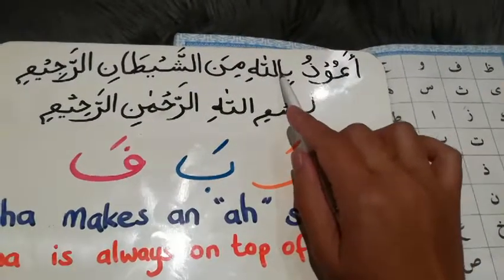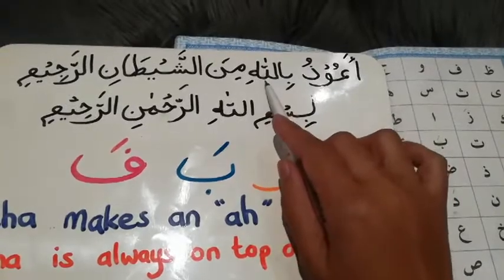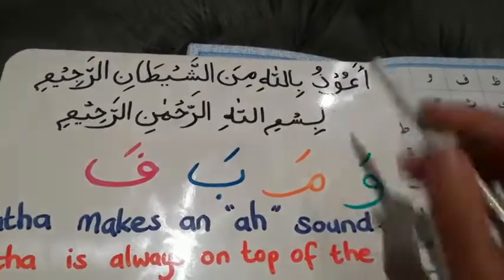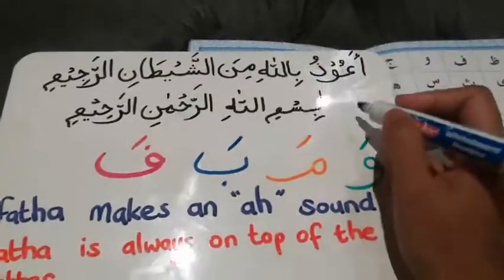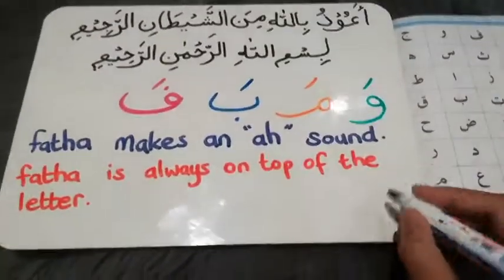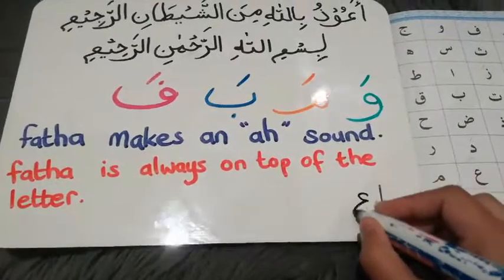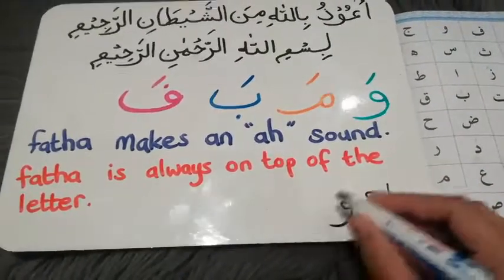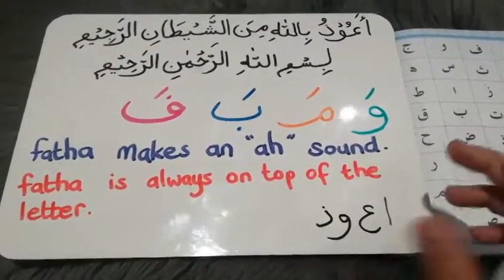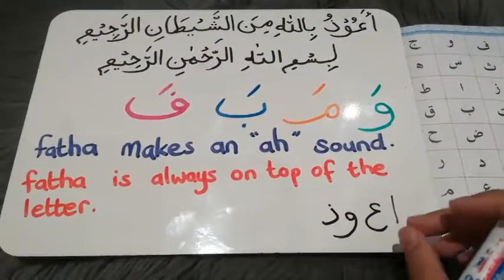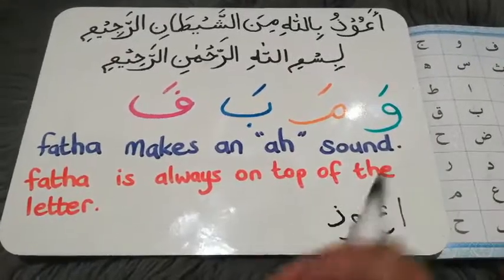Ba, alif, lam, ha. All those were once upon a time single alphabets. But imagine if the entire Quran were to have each letter written on its own.